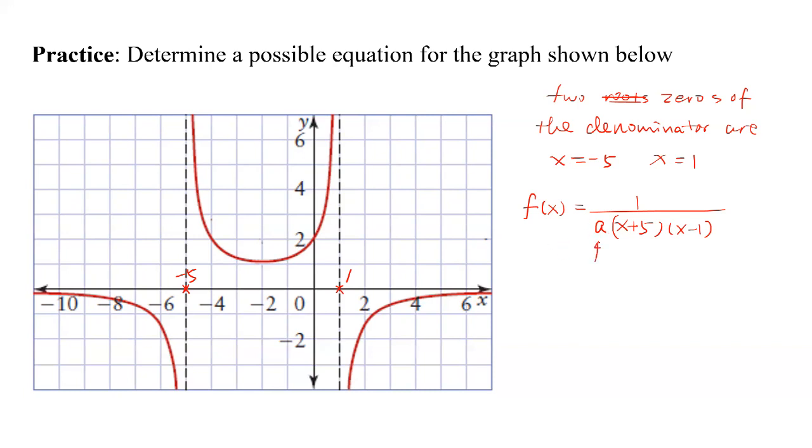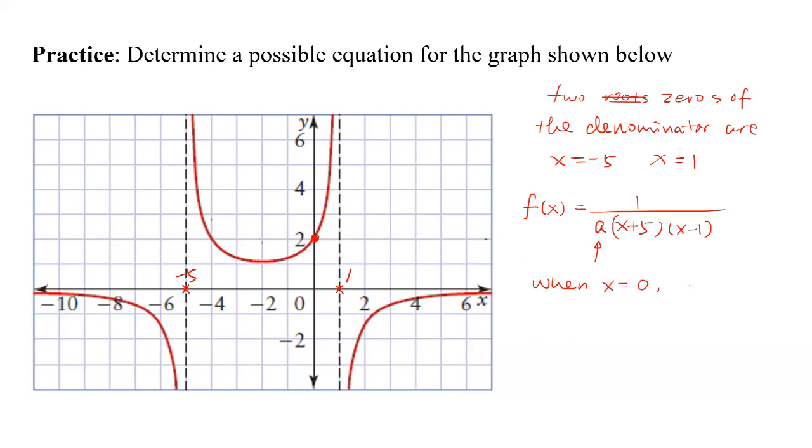Next, we can insert one of the points on the graph to determine the value of a. Note that we can use any point on the graph as long as it is clear to you. Probably this point is better because when x is 0, y is 2. This can make our calculations much easier.